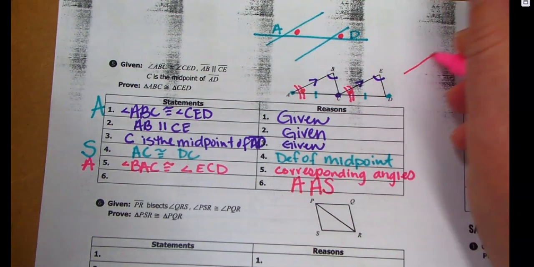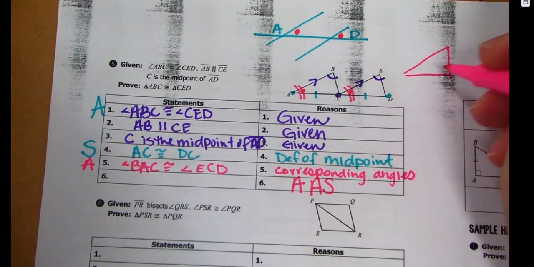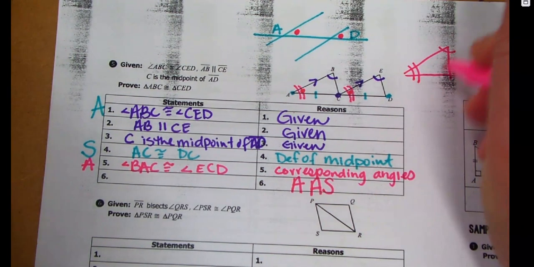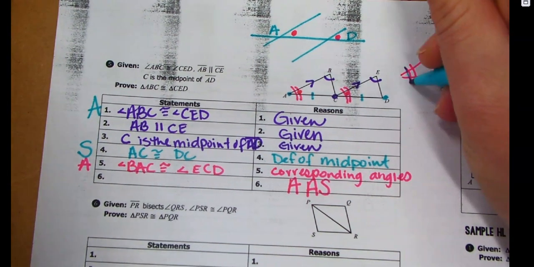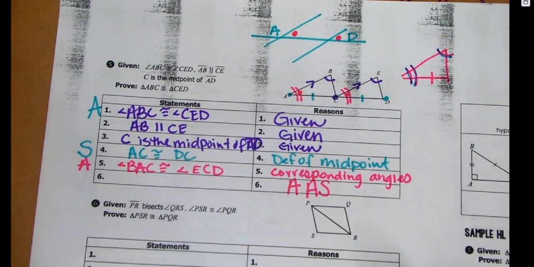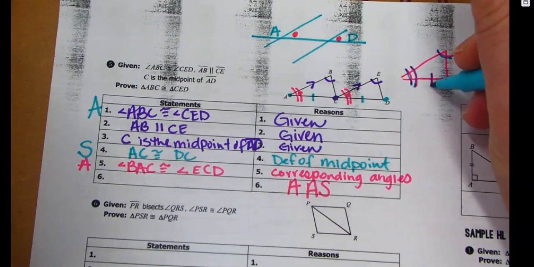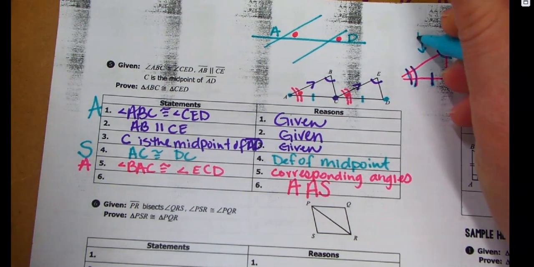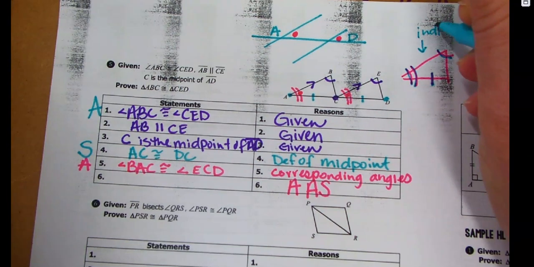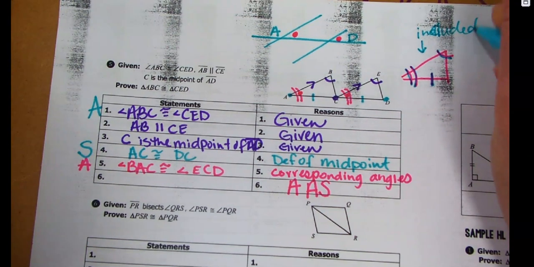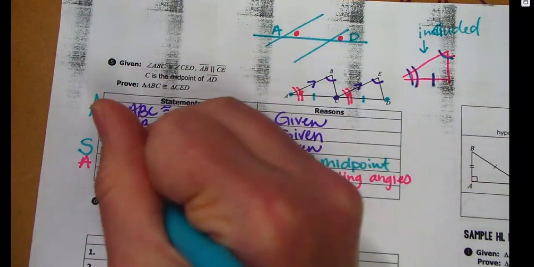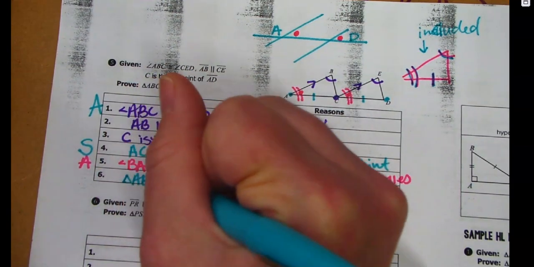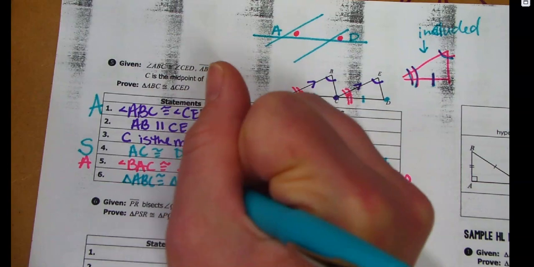If I just draw out one of those to make that a little bit clearer, that's what we have. These two angles, angle here, angle there. The side is over here. This is the included side. But we do not have the included side. We have an opposite side. So then you just say triangle ABC is congruent to triangle CED.